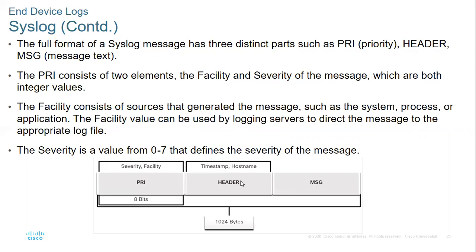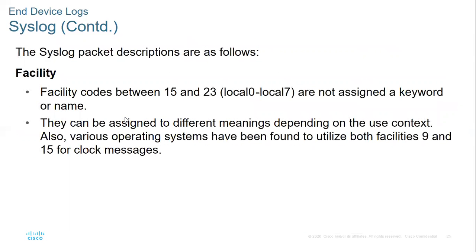Then in the header, this is where we have the timestamp. This deals with the time when you receive the syslog. And then the host name. And then here we have the actual message associated with the syslog. All right.